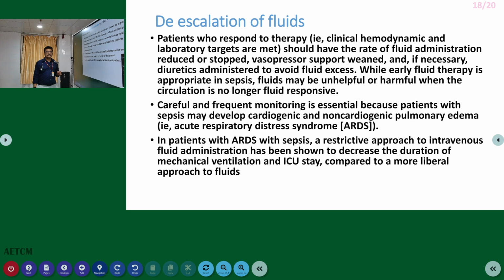But once the patient improves clinically from dehydration or vascular collapse, you can immediately de-escalate the fluid intake or fluid resuscitation. Otherwise, the patient may go into volume overload, and that is not a good treatment strategy, especially in conditions like cardiac failure, liver failure, kidney failure, or ARDS. So, avoid volume overload in all these conditions.